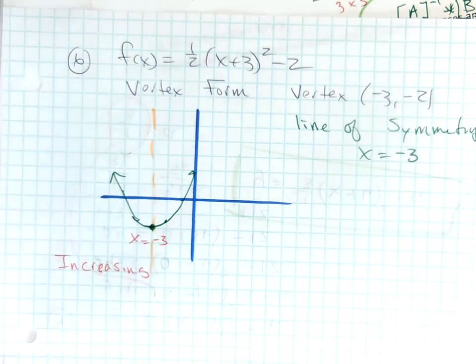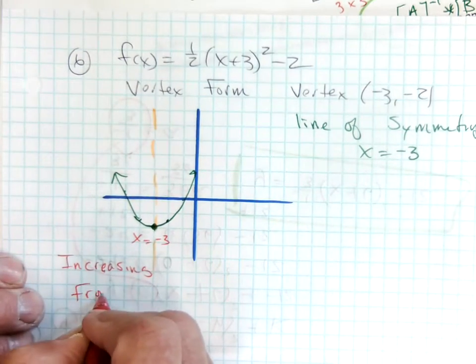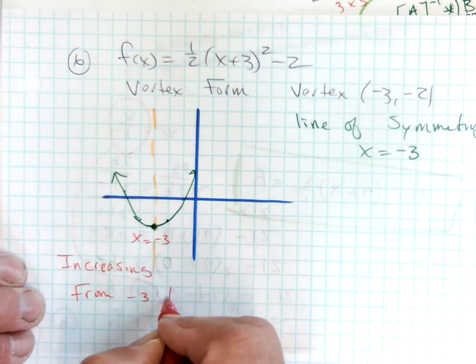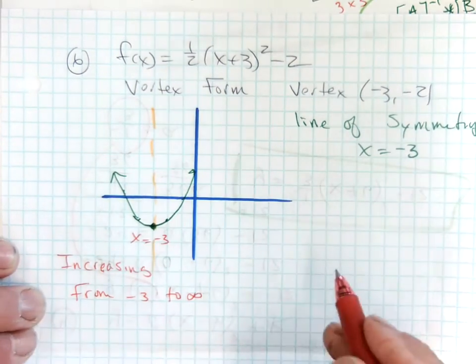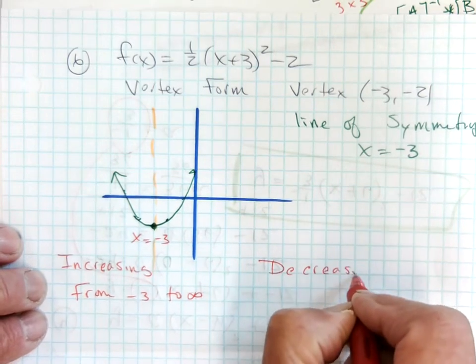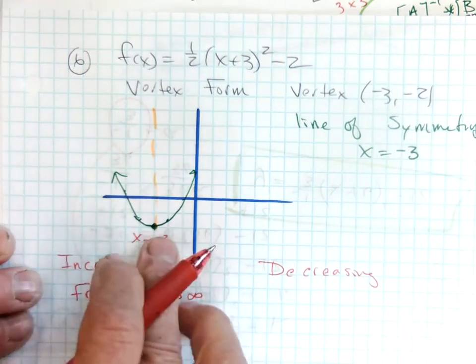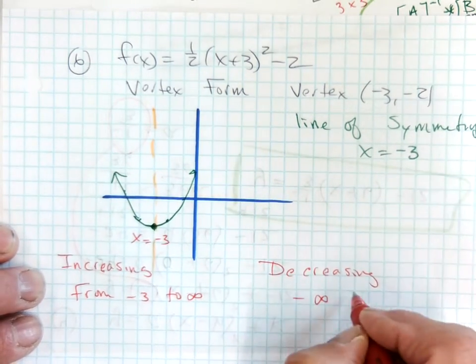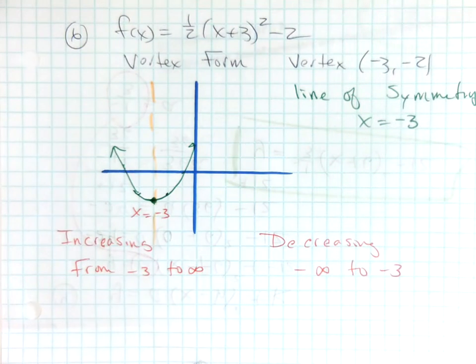So it's increasing from -3 to infinity. Where is it decreasing? Well, that's easy. Where is it going downhill? From -infinity to -3. Okay, thumbs up. We've done all this. All this is a review. We've done all this stuff before. Okay.